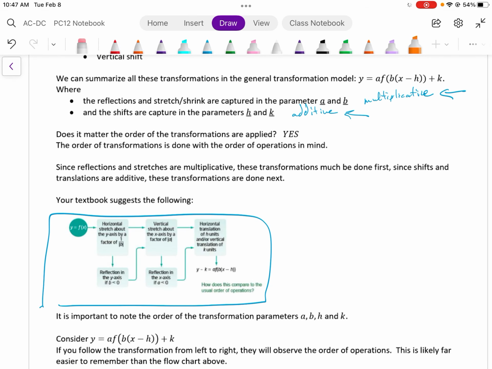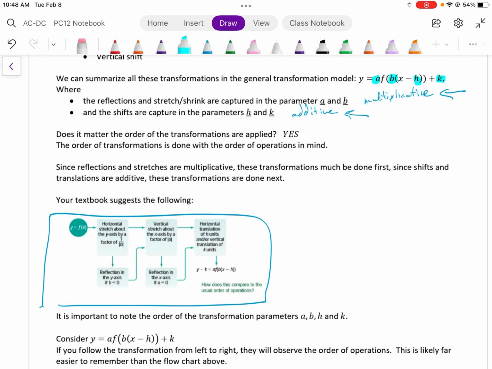Maybe we can go a, b, h, and k. If you do it in that order, it's actually the order in which they appear in the formula. Multiply, add. That's certainly useful and an easy way to remember it.